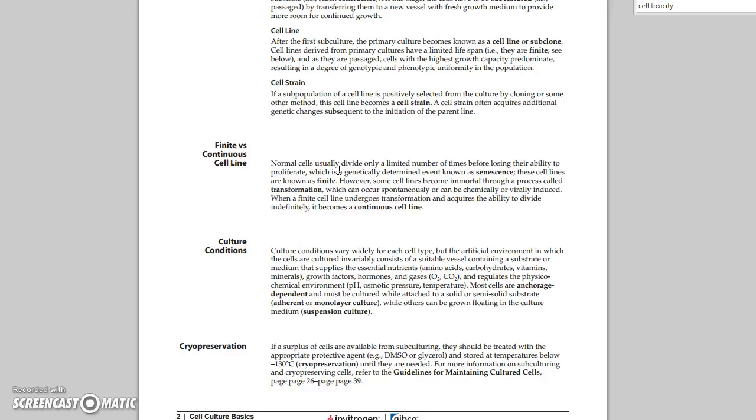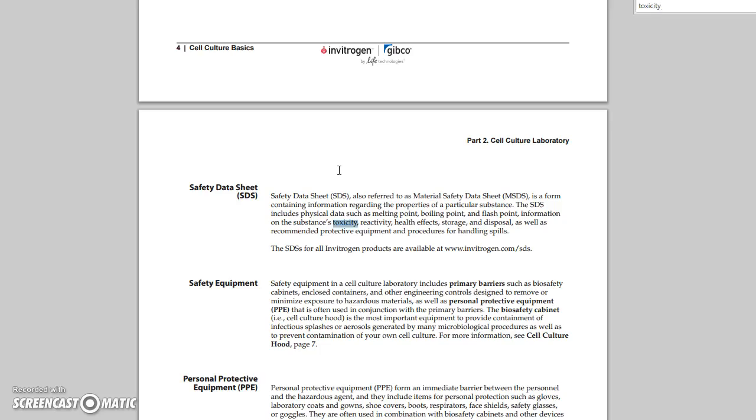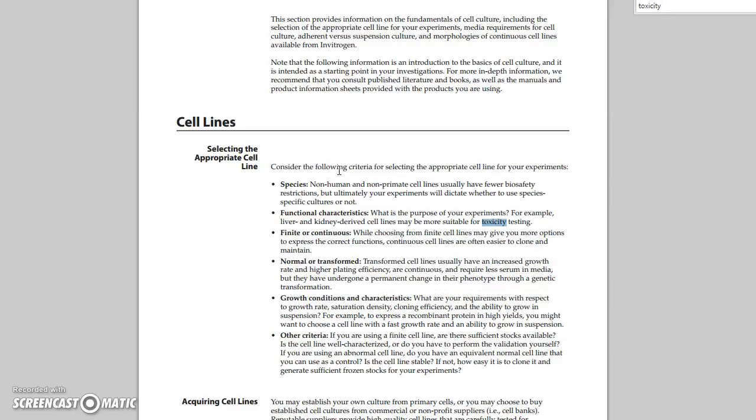Okay, nothing comes up. See cell lines, functional characteristics. What is the purpose of your experiment? For example, liver and kidney derived cell lines may be more suitable for toxicity testing.